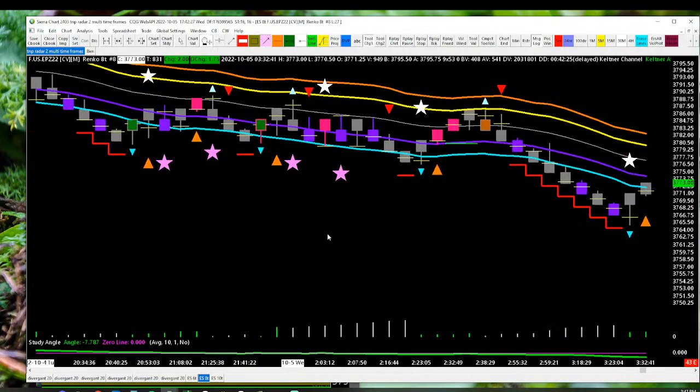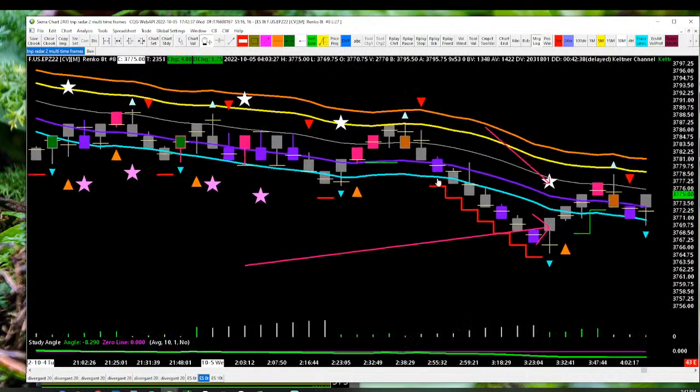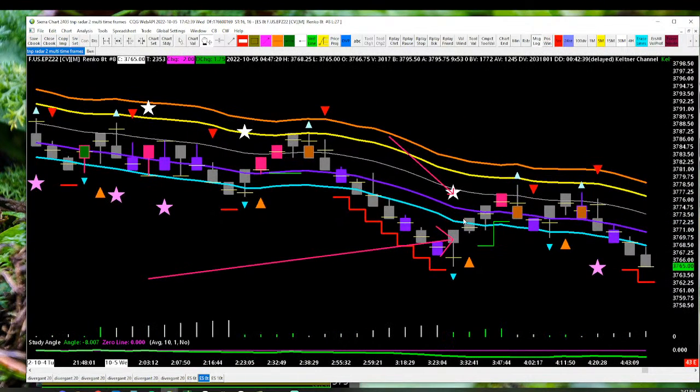So right there, purple bar, star, underneath the, what's it called, the radar, the channel, and gives you a nice couple points, right? We try to get at least, because we have a 5-point risk, so we want at least 5 points to the upside, and this one paid 7, right? So that's the first scalp.